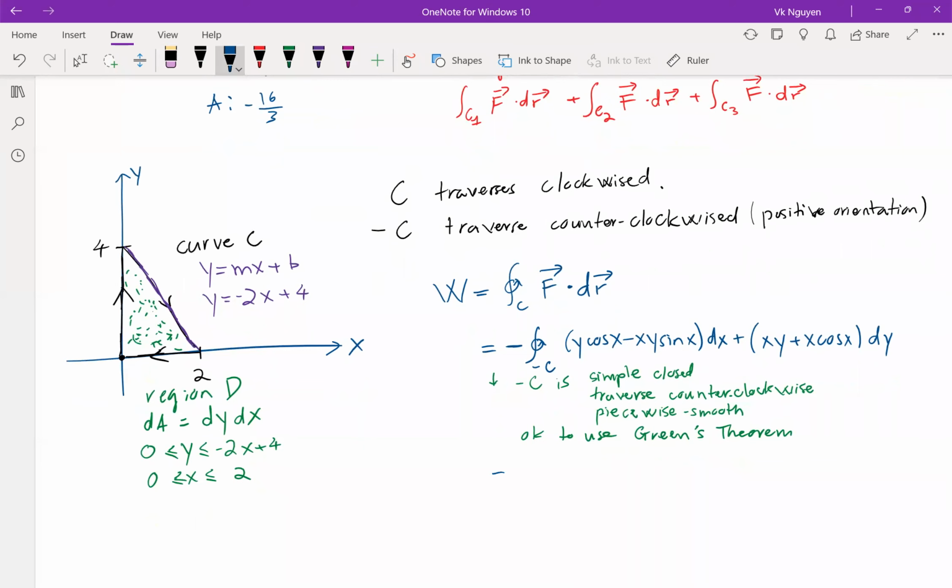Okay, so Green's theorem is going to be a negative, right? You still have the negative here.